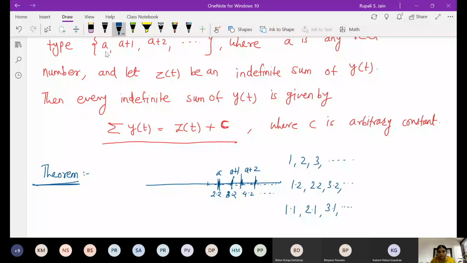Is that okay? Discrete values, not continuous values. My domain of function takes discrete values instead of continuous values. In differential equations, it is T belongs to R, because it takes every value. Is that okay, ma'am? Yes, ma'am.